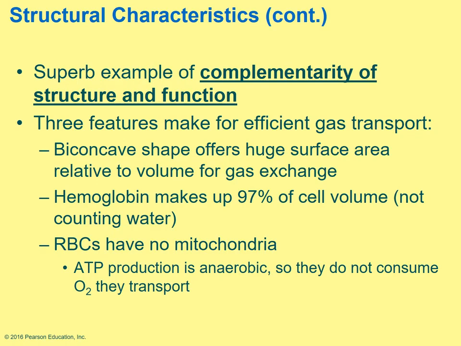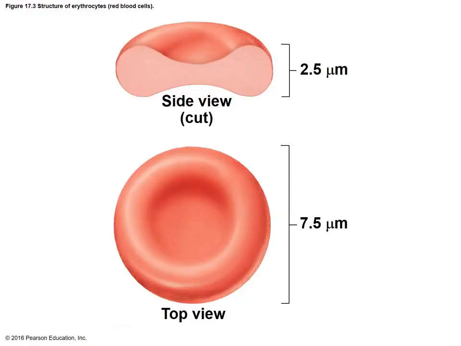The biconcave shape does give a large surface area, so it allows for the gas exchange to occur. Hemoglobin makes up about 97% of that cell volume, not counting the water. They don't have mitochondria, so they don't consume the oxygen that they transport. So they're going to transport it. So this shows a view of the erythrocyte.